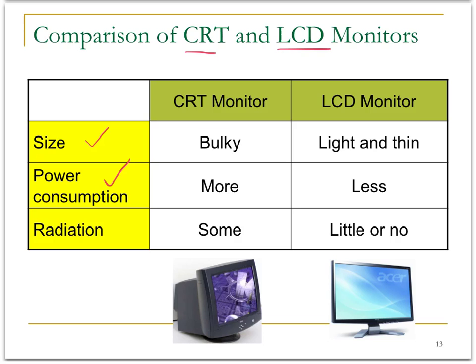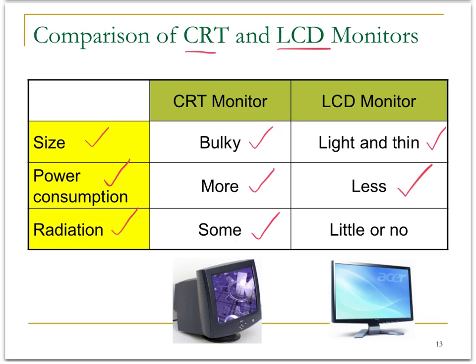Certainly, a CRT monitor is much more bulky, and an LCD monitor is lighter and thinner. Therefore, it can save more desktop space. For power consumption, a CRT monitor consumes more power, and an LCD monitor is much more energy saving. For radiation, a CRT monitor will emit some radiation, and an LCD monitor emits little or no radiation.